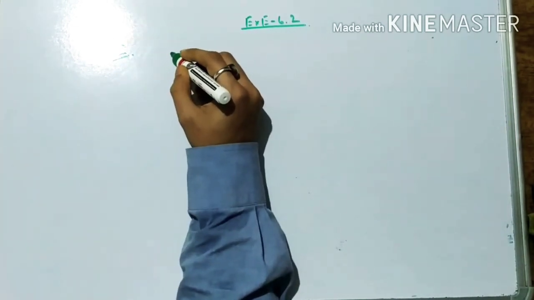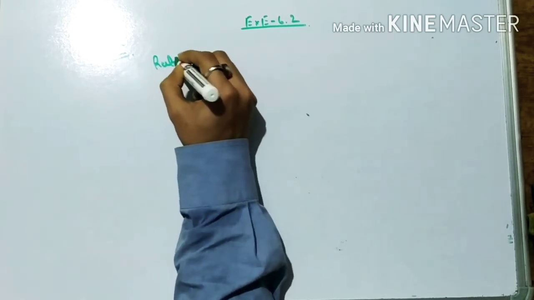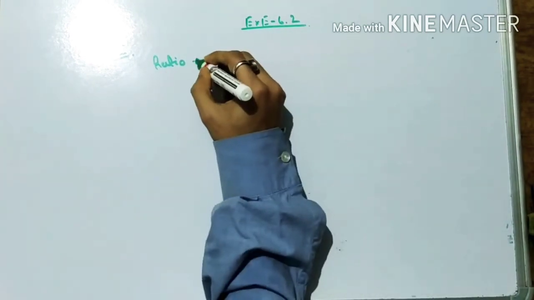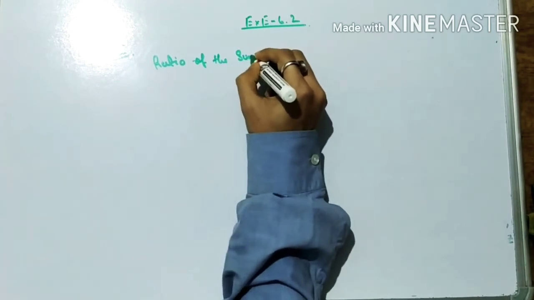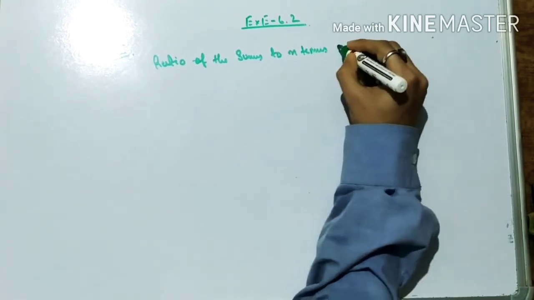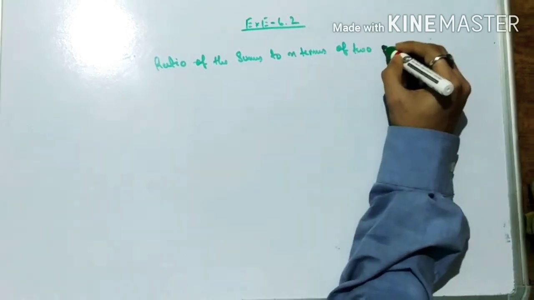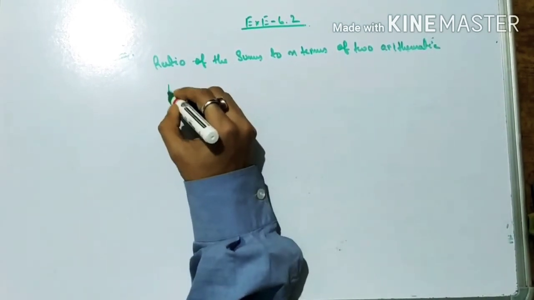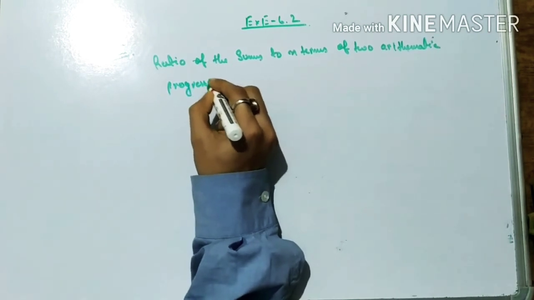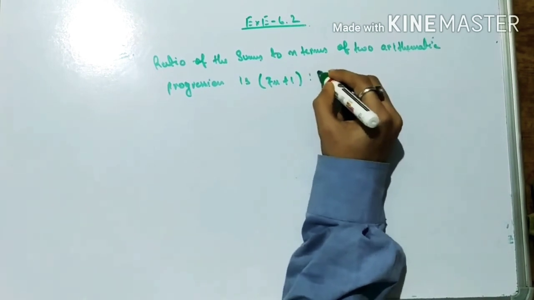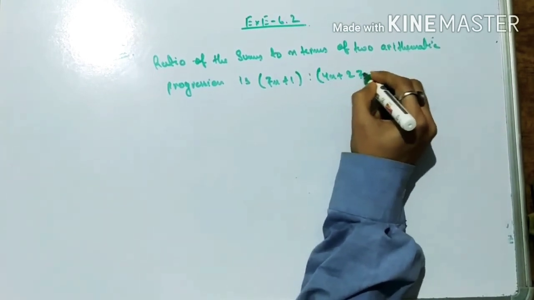Question number 20 is saying the ratio of the sums to n terms of two arithmetic progressions is 7n plus 1 is to 4n plus 27.